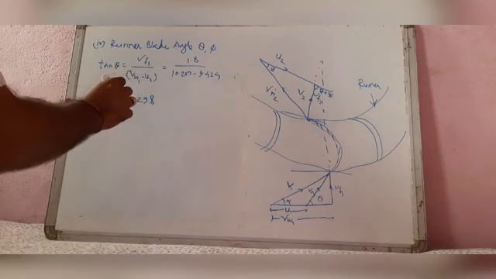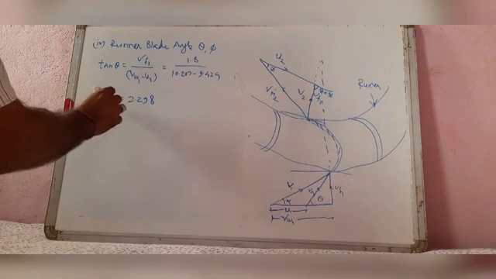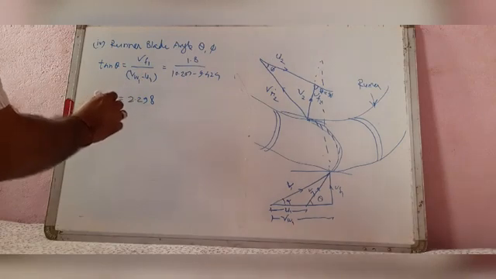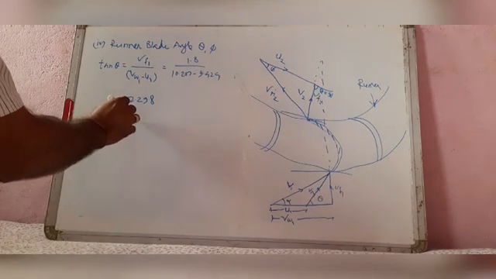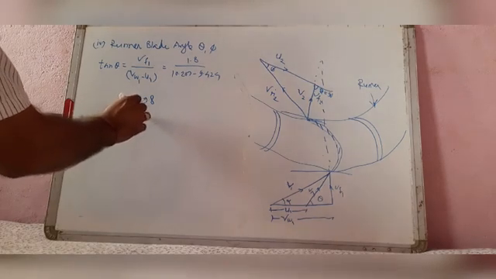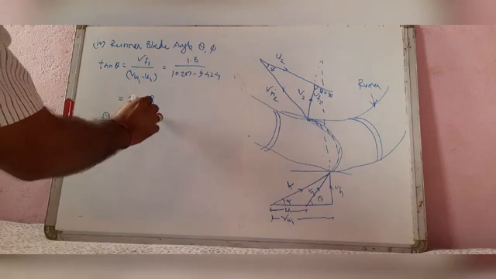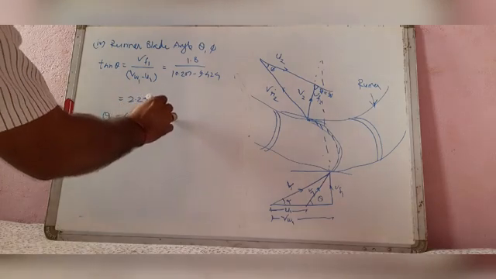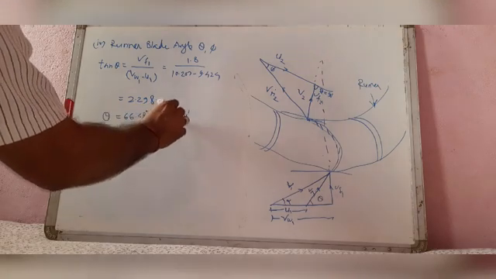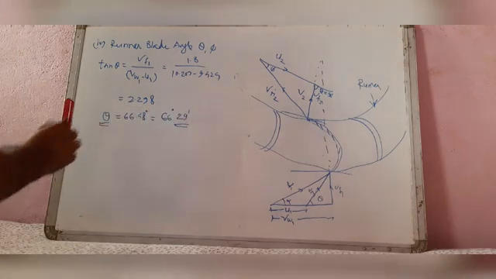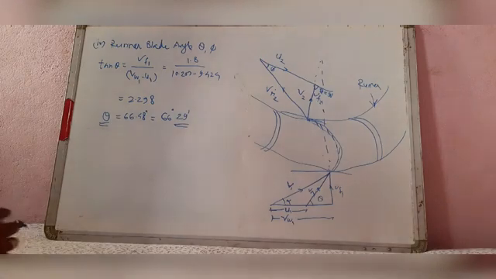So the angle theta is 66.48 degrees, or it can be represented as 66 degrees and 29 minutes. This is the angle theta.